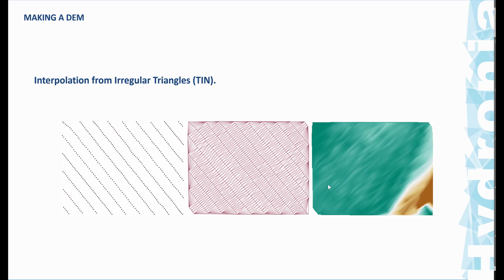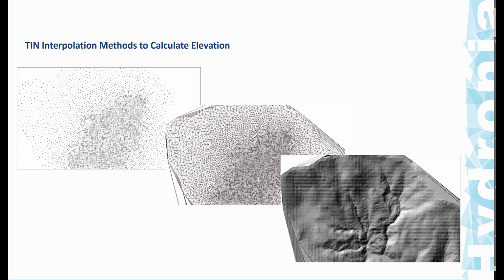Now, the resulting pattern is much smoother than in the inverse distance weighting method. And this, I would suggest, is one of the advantages of the triangular irregular network method. Using the second data set that I showed before, this is the triangulation that you get out of this set of points, and you see the terrain here is much more accurate.